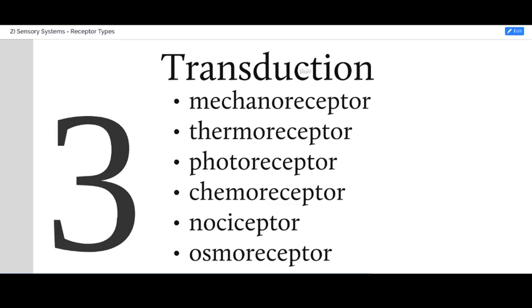Thermoreceptors, it should be obvious, are going to be ones that are sensitive to temperature. There's basically two types of thermoreceptors, cold receptors and hot receptors. If the temperature that the receptor is being exposed to is below body temperature, then a cold receptor will respond to that. A hot receptor would not respond to a below body temperature response.